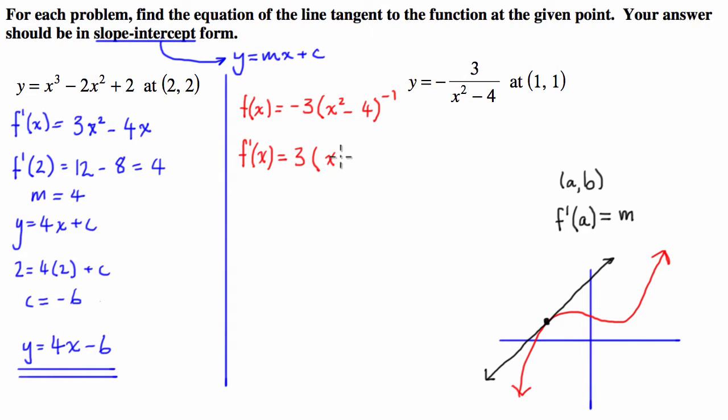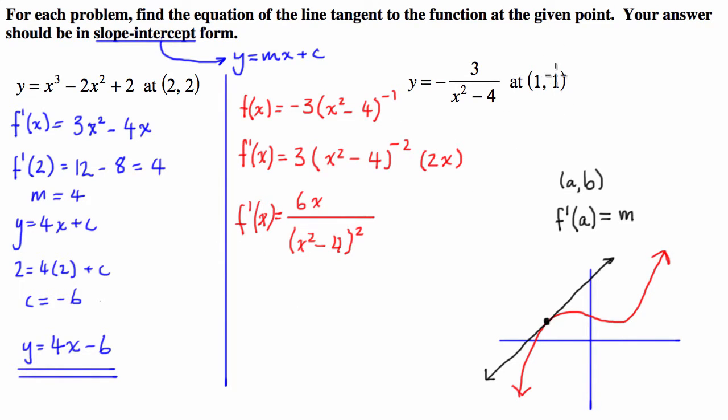We leave the inside function as it is, drop the power by 1, and then multiply it all by the derivative of the inside function. Simplifying, this will give us 2x times 3, which is 6x, all divided by x squared minus 4, all squared. And that's our derivative there.